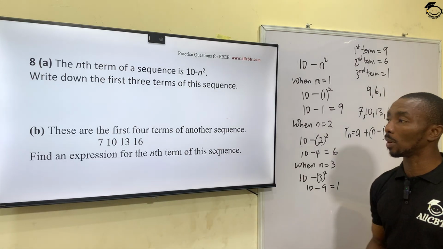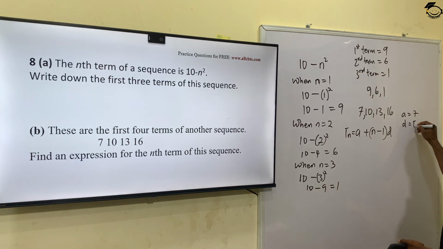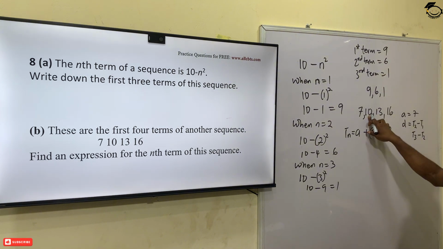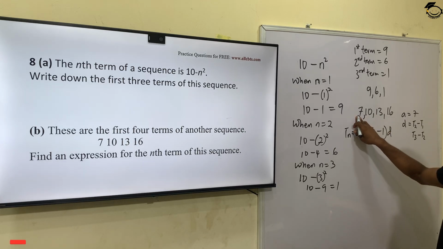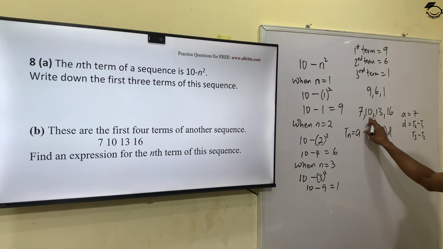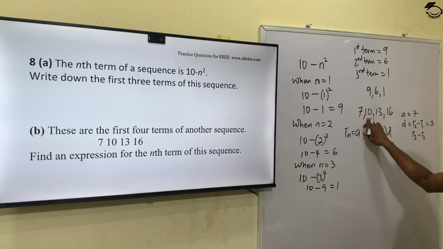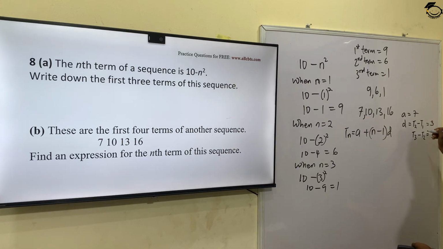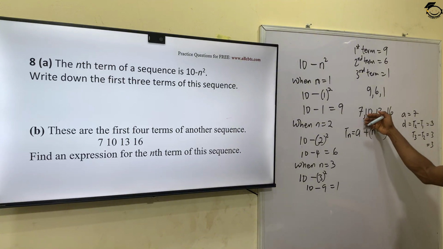We get the common difference by taking the second term t2 minus t1, or t3 minus t2. Here t2 is 10 and t1 is 7, so 10 minus 7 gives us 3. 13 minus 10 gives us 3. 16 minus 13 gives us 3. So you can see there's a common difference of 3.